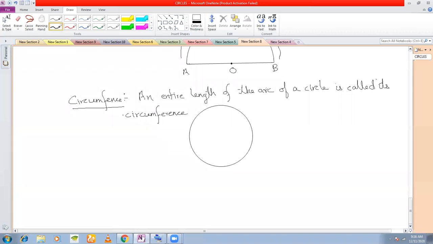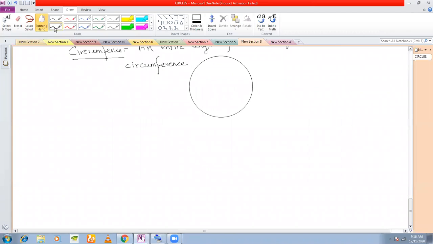Next, what we define is called the sector of a circle. What do you mean by the sector of a circle? Remember, sector of a circle refers to the area.